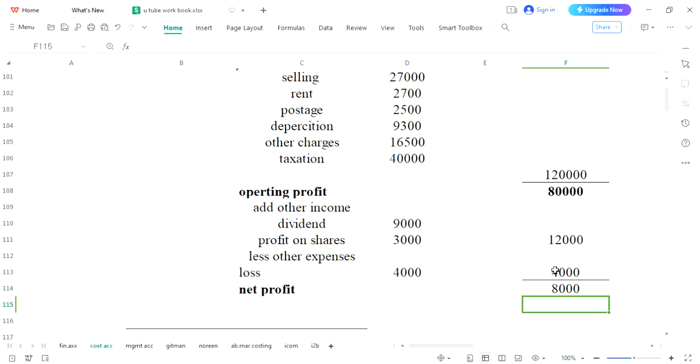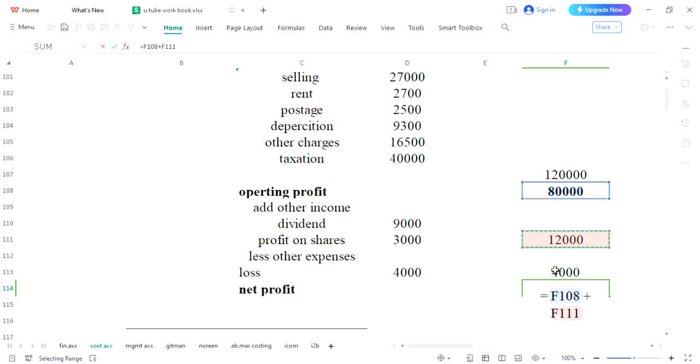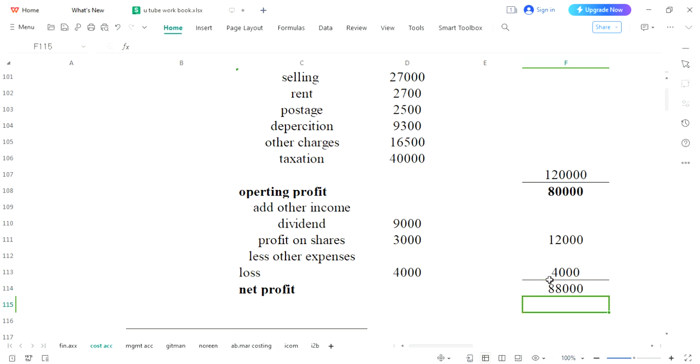So again, this is your operating profit. You will add your other income, and then you will subtract your other expenses, that is 4,000. So we have got our answer of net profit.